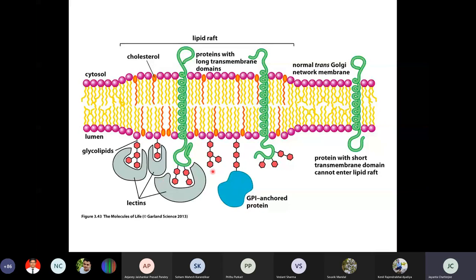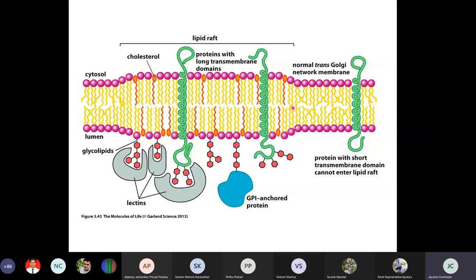We'll see later what GPI anchored proteins are. And you have the presence of several other proteins. So in this green loop, this snake-like thing is actually a protein. You have lots of cholesterol present in this part.